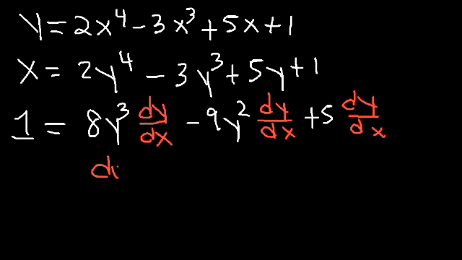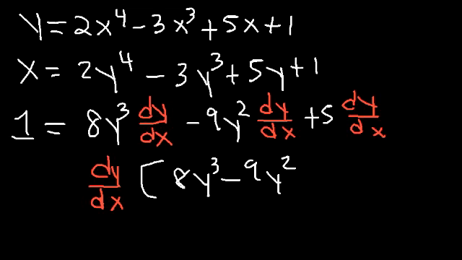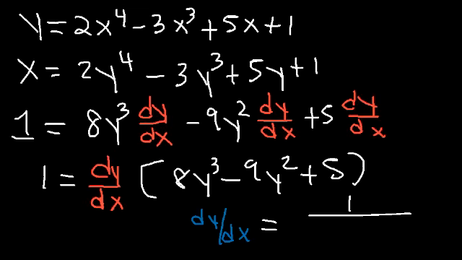So let's factor dy/dx out of the equation. It's going to be 8y to the third minus 9y squared plus 5. If we isolate dy/dx, we can see that it's 1 divided by 8y cubed minus 9y squared plus 5.